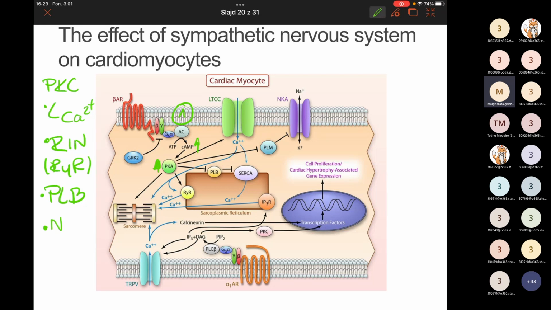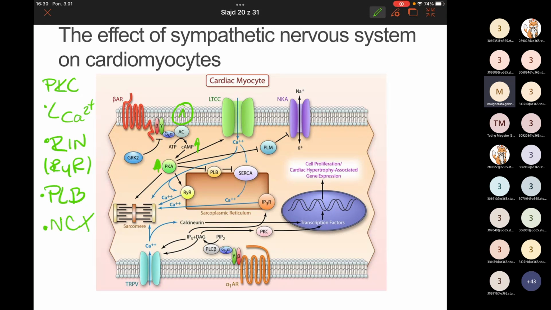The sodium-calcium exchanger can be phosphorylated as well, and during the repolarization phase, the activity of SERCA and sodium-calcium exchanger is responsible for the faster calcium removal from the cell, which leads to the faster relaxation of the cardiomyocytes.